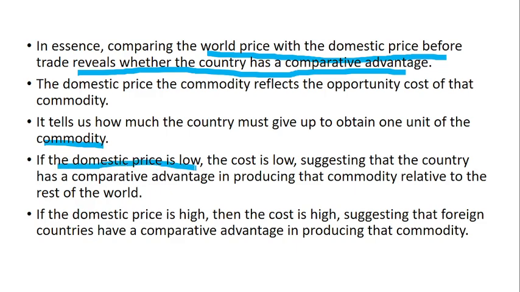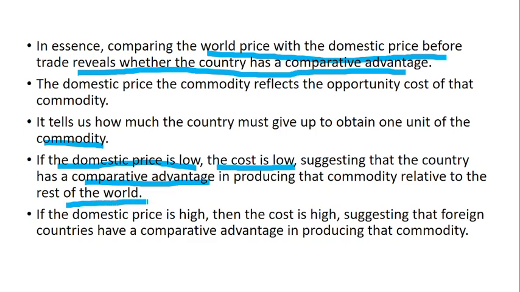If the domestic price is low, what does it mean? The cost is low. If we are able to sell the commodity at a low price, indirectly it means that the cost is low. And if the cost of production is low in our country, it means we have an advantage. We have a comparative advantage in producing that commodity relative to the rest of the world.